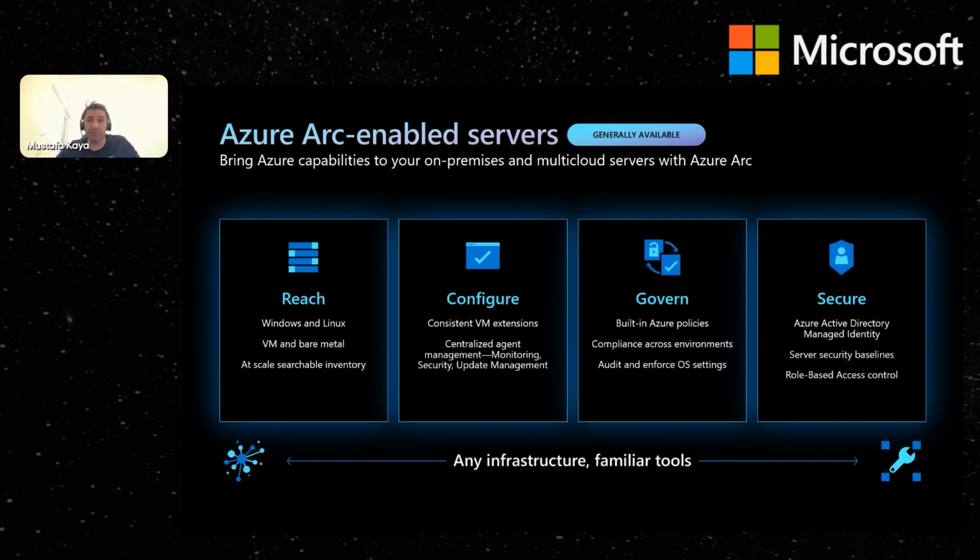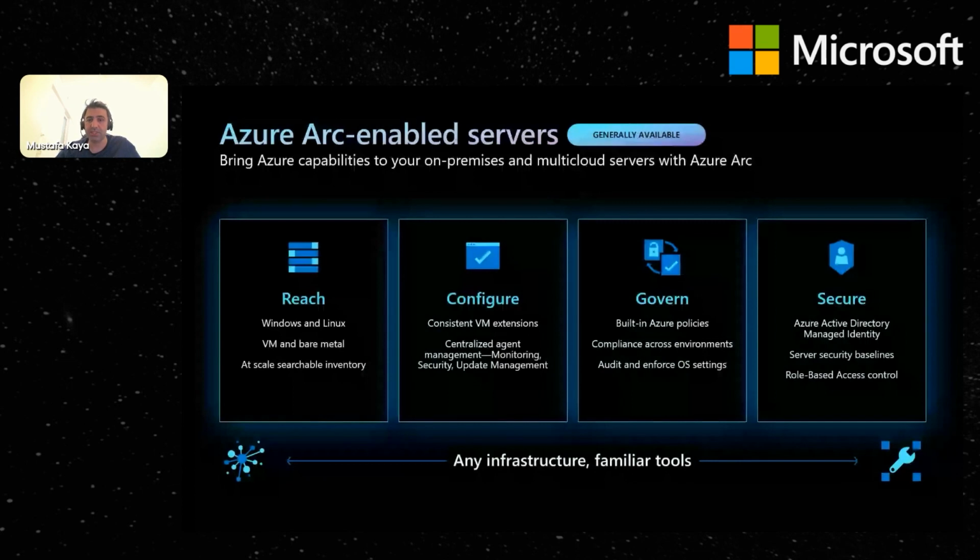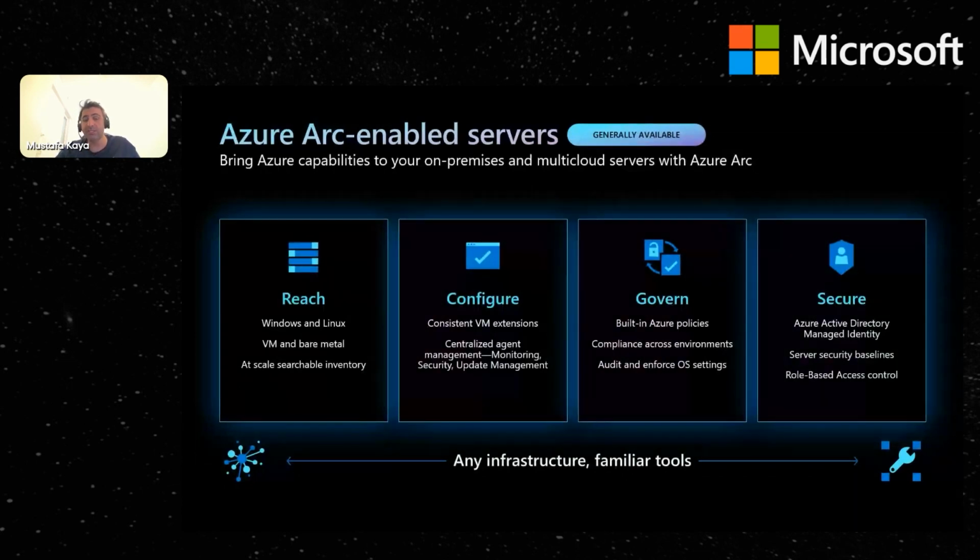Azure Arc-enabled servers lets you manage Windows and Linux physical servers or virtual machines outside of Azure, on your corporate network, in your data center, or on other cloud providers. This management experience is designed to be consistent with how you manage native Azure virtual machines using standard Azure constructs.